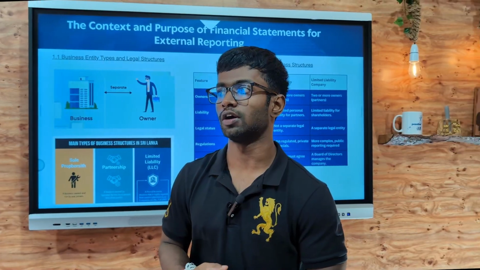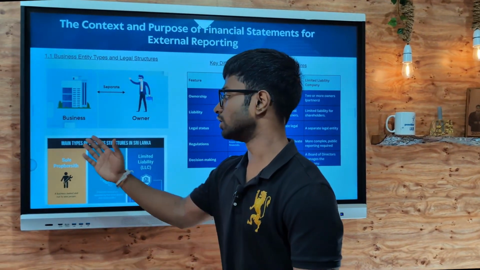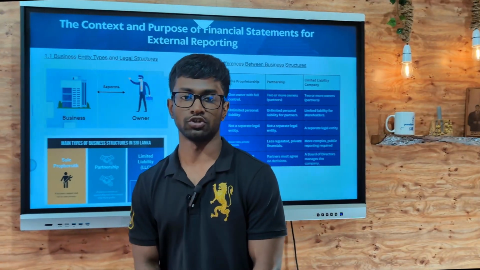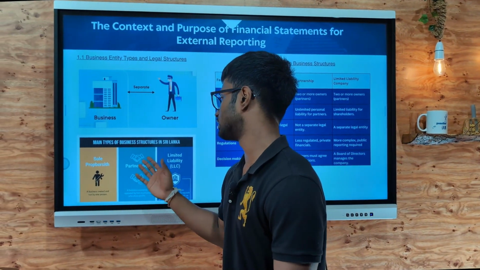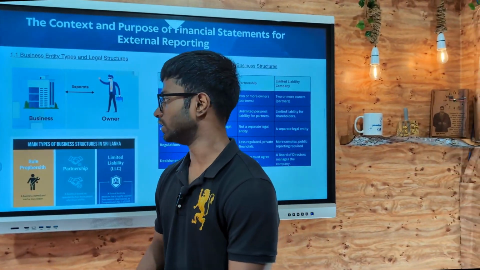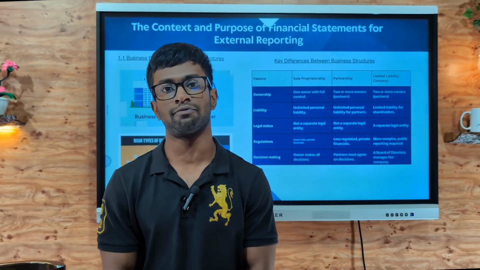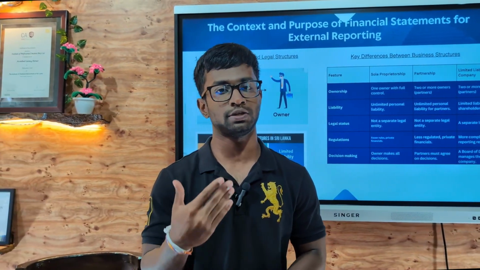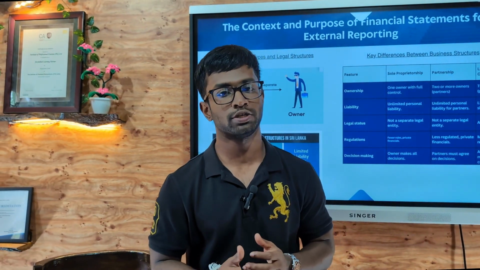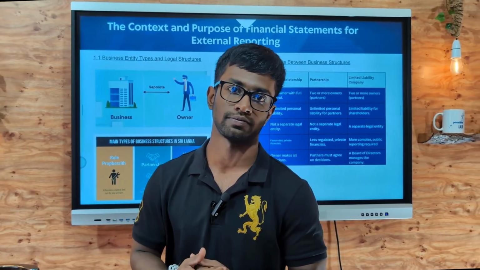Okay. So under accounts we learn you have sole proprietorships, sole trade businesses, partnerships, limited liability companies. So these are different types of businesses that you come across in your day-to-day life also. So sole proprietorship is where a single person carries out business activities.